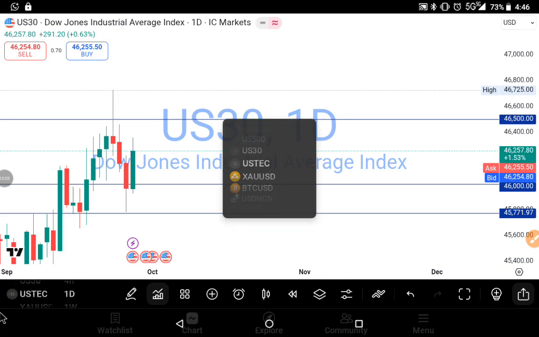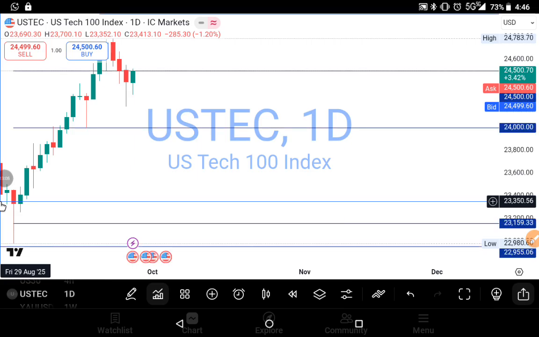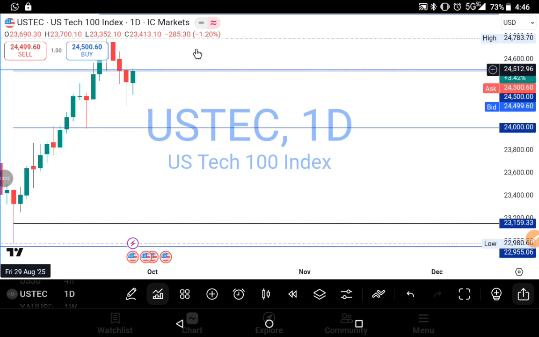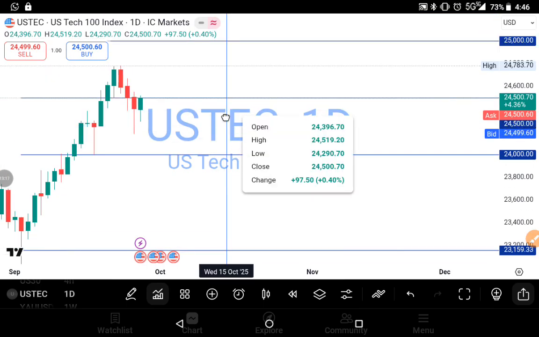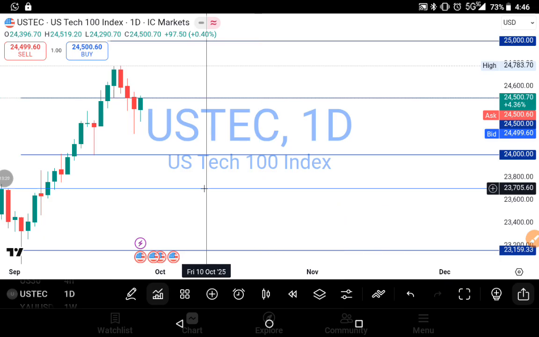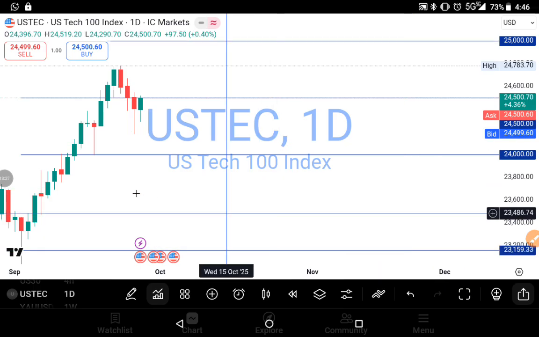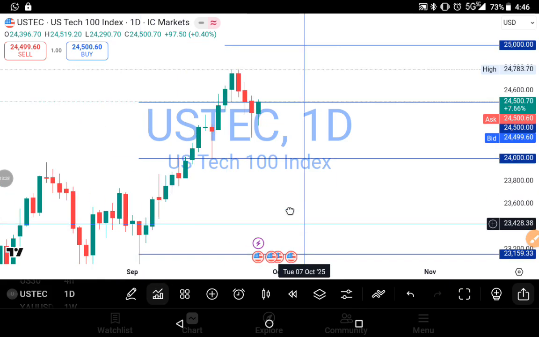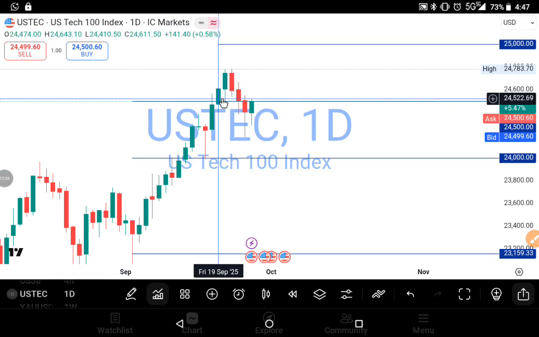Let's go to Nasdaq. Nasdaq last week I was interested in 24,000 acting as a support to the price, and I should be able to see, let me put it that way, the movement towards 25,000 soon. But the high the market price has visited was 24,783.